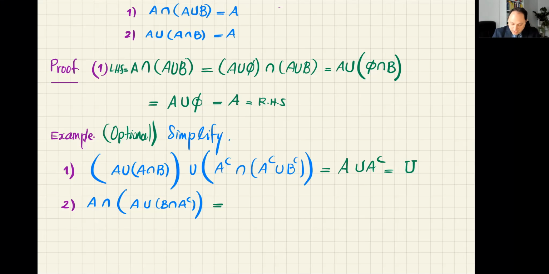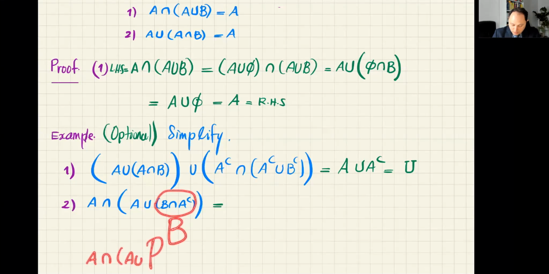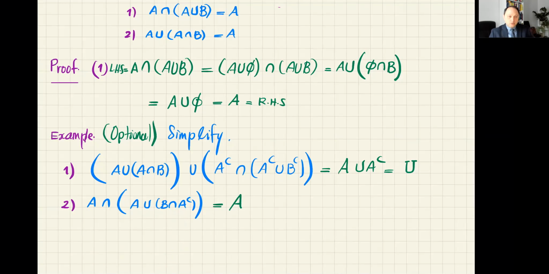What he is saying is that you can assume this is capital B, and then you have A intersection (A union capital B). But this is the absorption law, yes? Intersection, union, a set is repeating itself, so the answer is immediately A. So you see, no calculation is needed, and the answer to this combination is A. Of course, if you want, you can use the distribution law and do more calculations, and at the end you will get A, but this is much easier to understand.